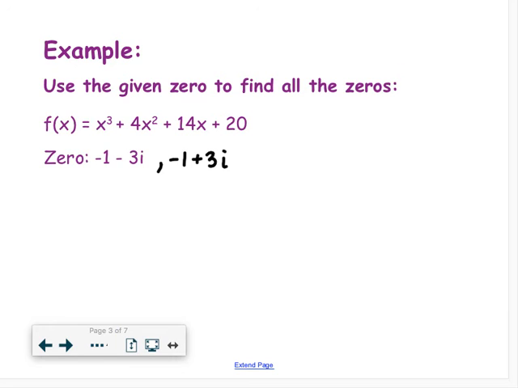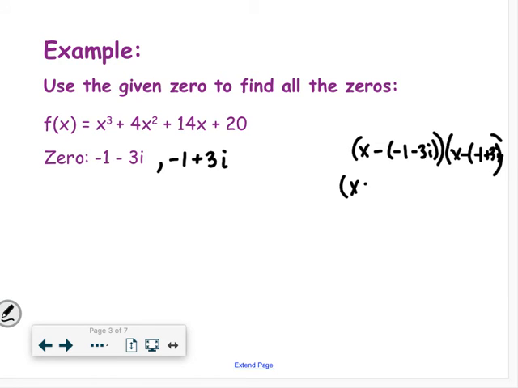So let's go ahead and do like Jacob says. We're going to write these out as zeros, or linear factors, I should say. Now I'm going to show a little bit more work. Some people may skip this step, but I'm going to show x minus the quantity negative 1 minus 3i, and x minus the quantity negative 1 plus 3i, which could then be written as x plus 1 plus 3i and x plus 1 minus 3i.